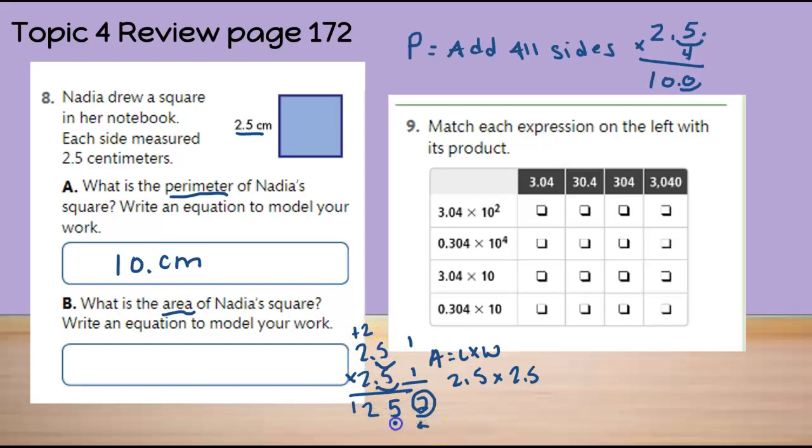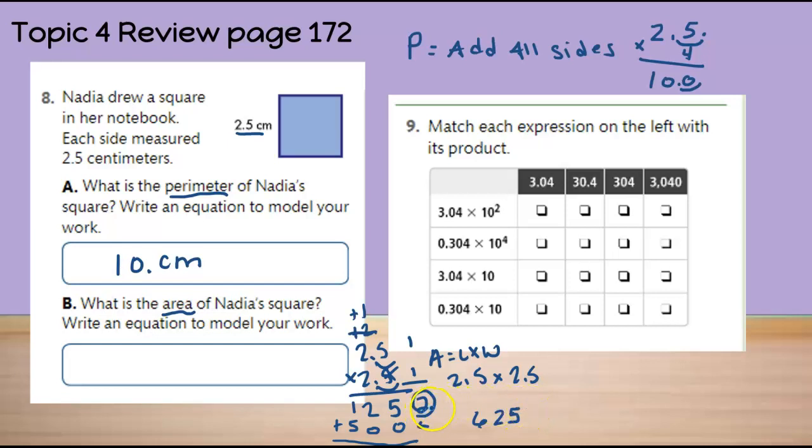Then I need a placeholder, and I can get rid of that regrouping because I'm done with it and I don't want to get confused. Now 2 times 5 is 10. Drop a 0, regroup a 1 to be added. 2 times 2 is 4, plus 1 is 5. I add those together, and I get, I'm going to write it over here, 5 plus 0 is 5, 2 plus 0 is 2, 5 plus 1 is 6, so 625.